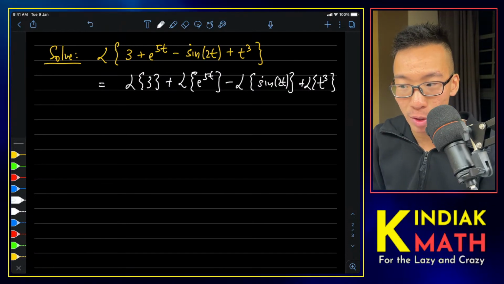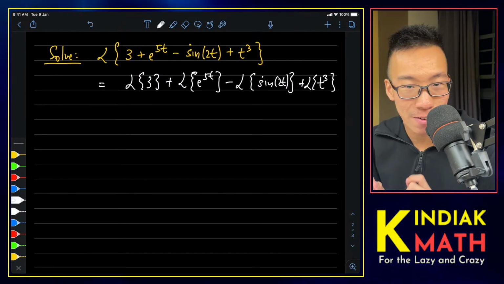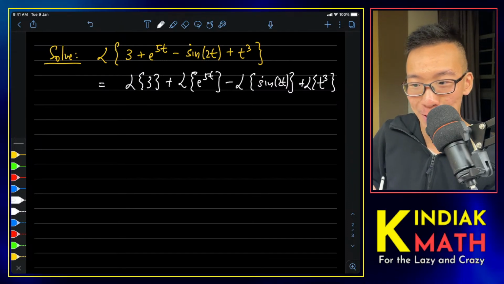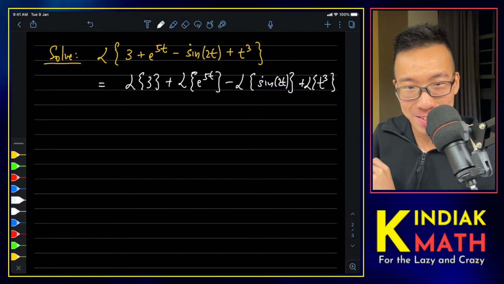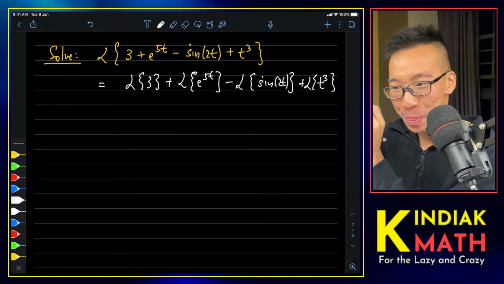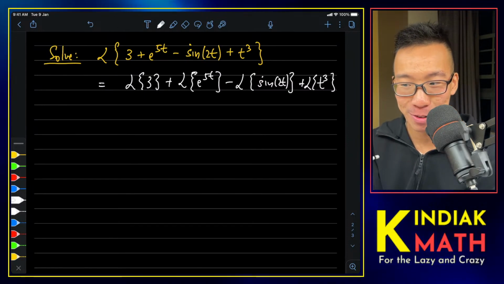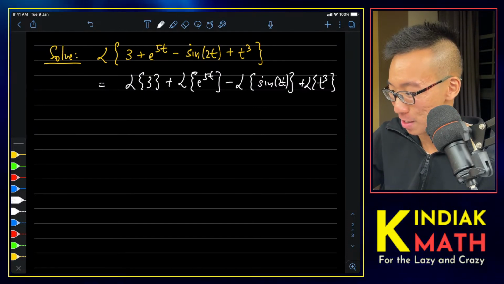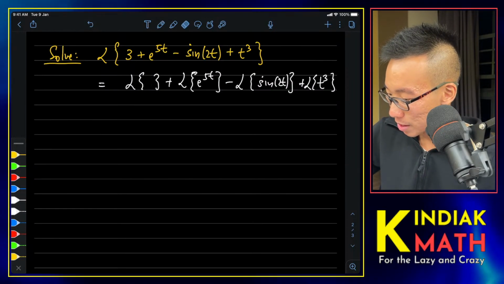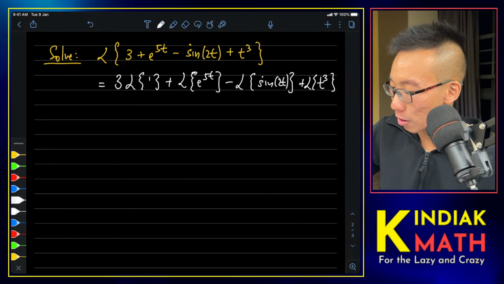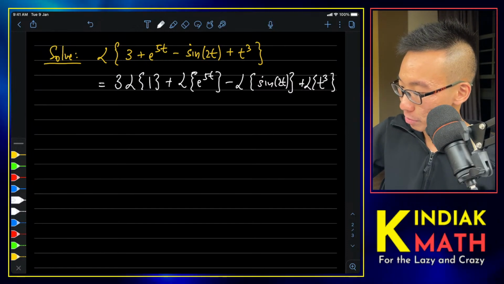It's the same property that we can apply using differential equations. Yes, we do have a table, so you do not need to memorize this. You can even Google it if you wish, but I'm going to try to remember because I've been teaching this for the past few lessons. Now, for linearity, we can even pull out the constants, so it looks a bit like this.